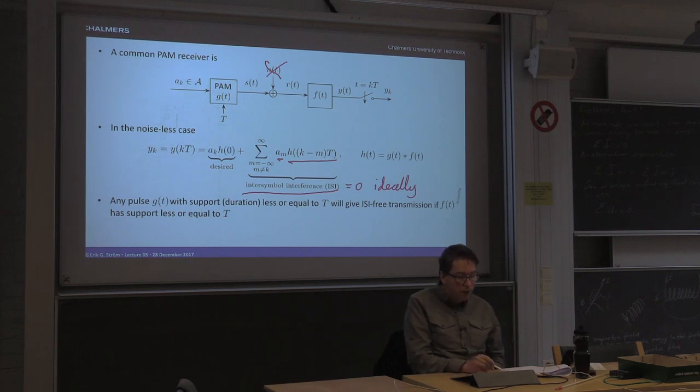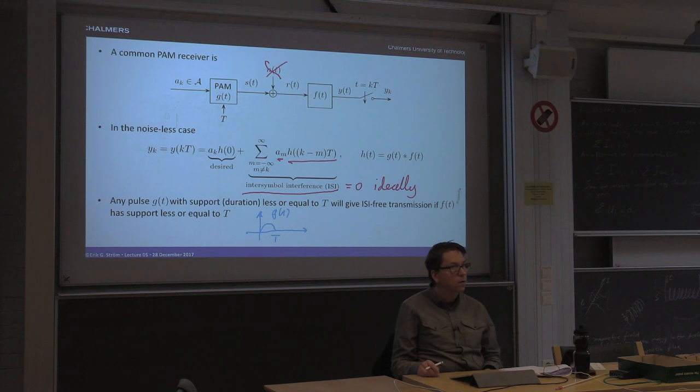We showed Friday that if we have a pulse G which has support, or think of this as duration, less than T seconds, then we will have ISI-free transmission if F also has support less than T. So one simple example of this would be G, which has some extent T. It doesn't matter what the shape is, but it's something.